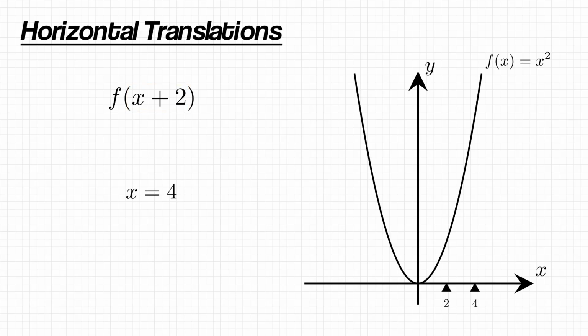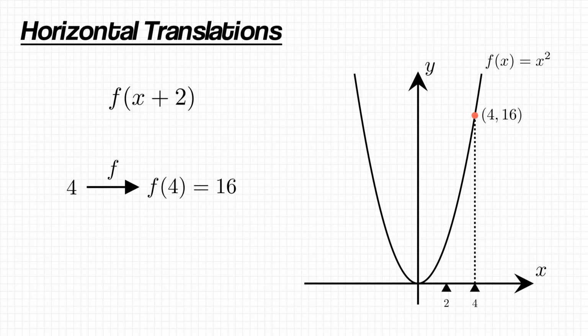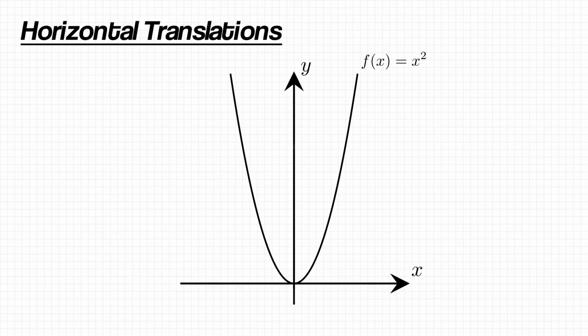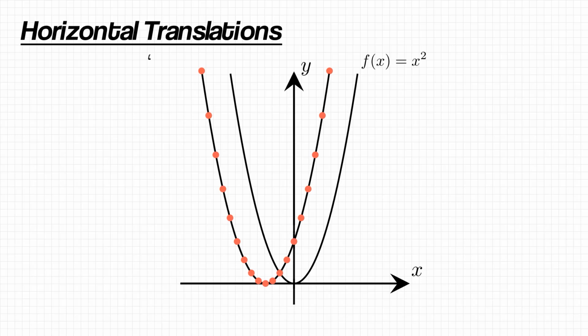Now we take our new value 4 and pass it through the function, which would give us f of 4, or 16. But now we have to remember our actual x input was 2. So we need to subtract 2 from this x-coordinate to get the point on the graph of f of x plus 2. Now we can see, to generate the graph of f of x plus 2, we simply take every point on the graph of f of x and subtract 2 from the x-coordinate.